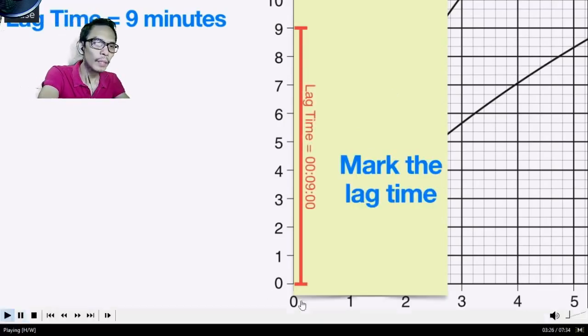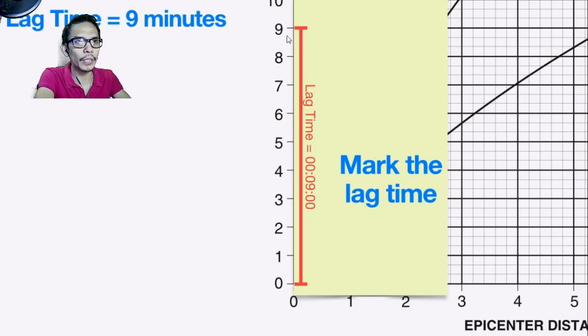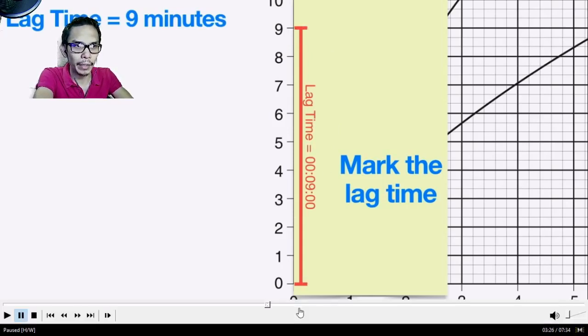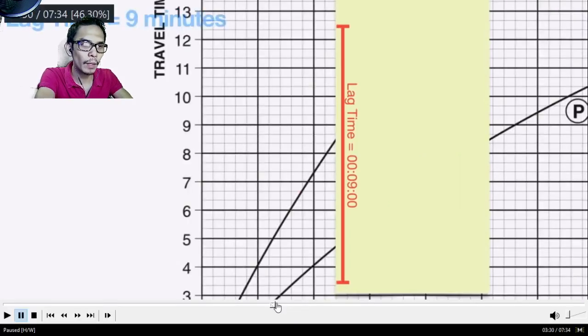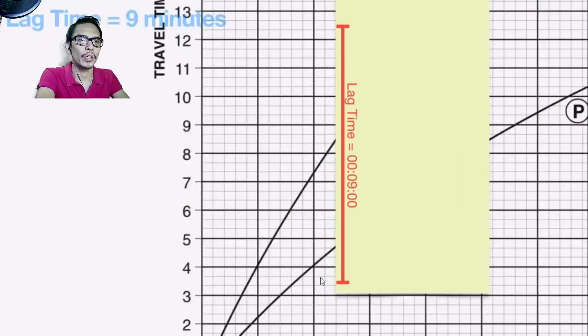Starting from 0 to 9, because our lag time is 9 minutes, that is why 0 to 9 only. So that is your lag time. So you will put a mark there. You just draw a line from 9 and 0. The next one is, you will scan down the wedge using your lag time.